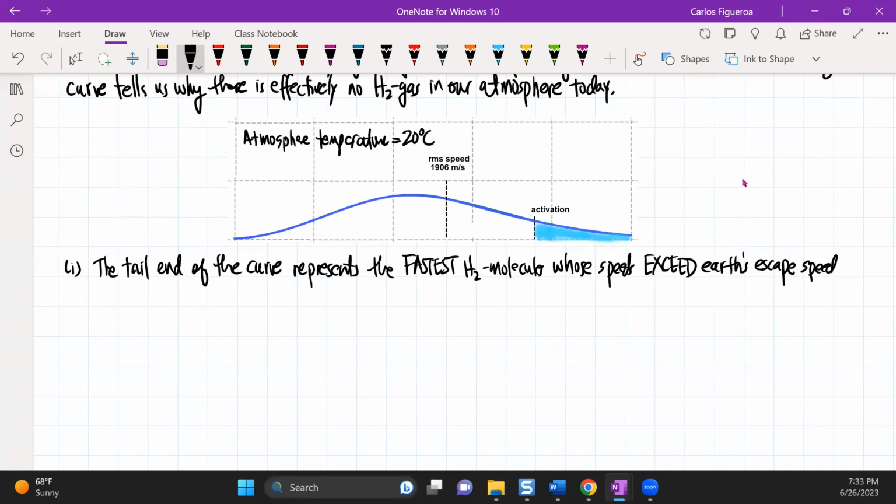Most people say velocity of 1100 meters per second. So if you exceed 1100 meters per second, I'll stop right here. You escape.